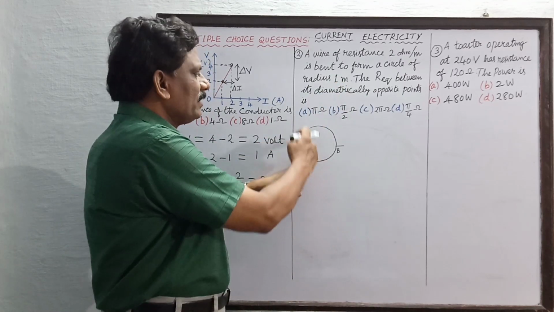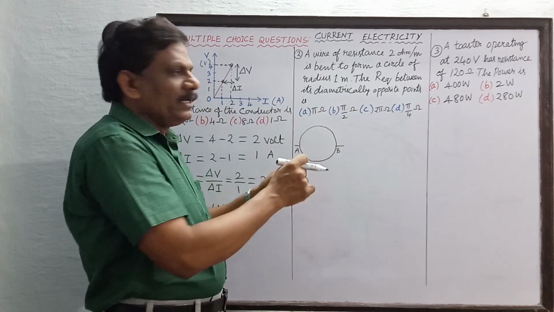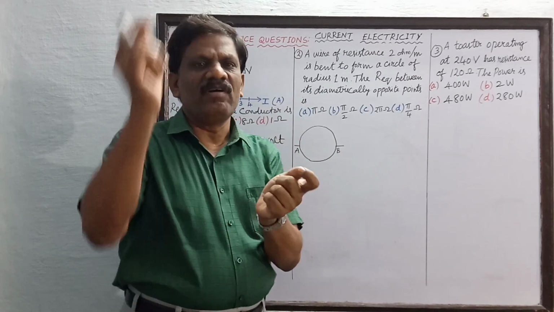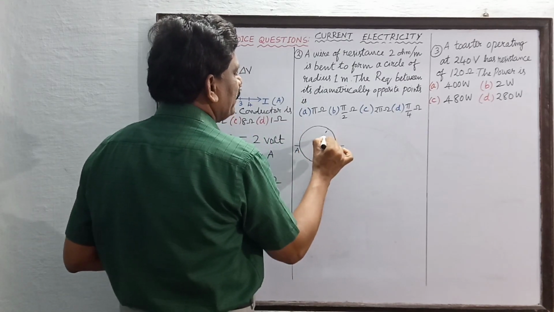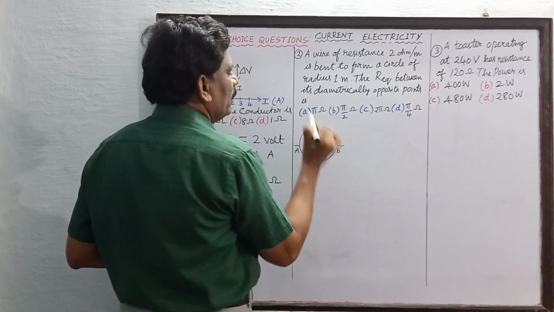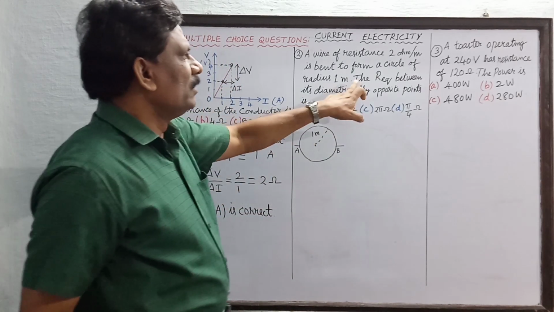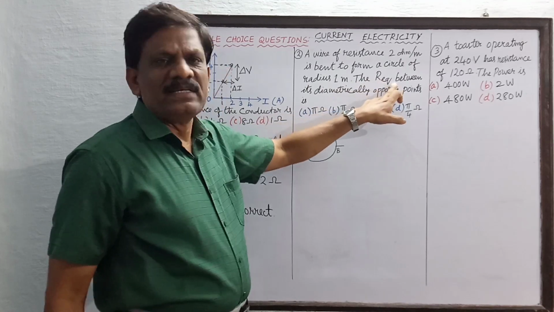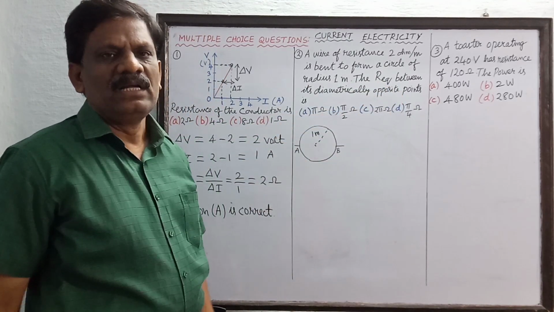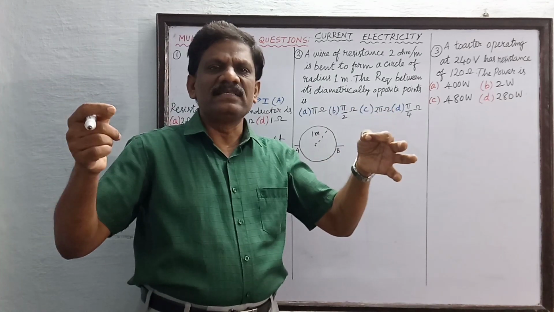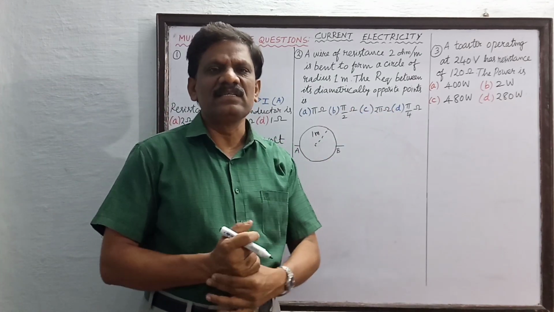You can see that there is a circular wire. A long wire is taken and it is bent in the form of a circle whose radius is equal to 1 meter. Now the equivalent resistance between any two diametrically opposite points is asked. So across the diameter, what is its effective resistance?